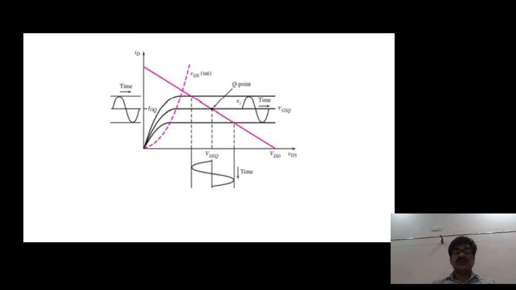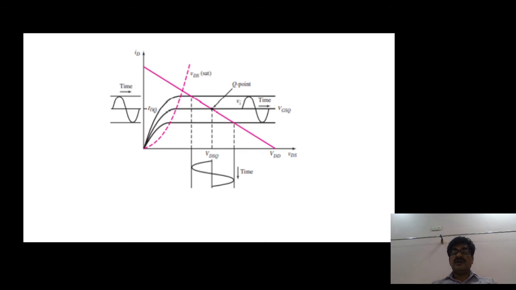The diagram now shows the output characteristics of the common source configuration, the characteristics between ID versus VDS, and this is the load line from the output loop. You can draw a straight line on the characteristics, that is called the DC load line, and where this DC load line intersects the characteristics is referred to as the Q point, but for linear amplification it should be in the middle of the load line.